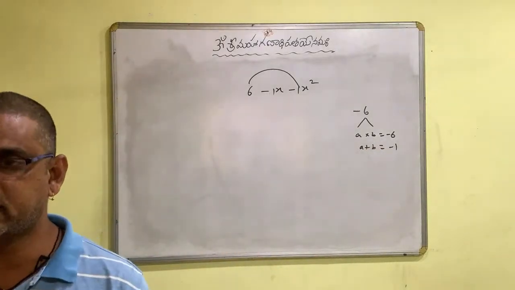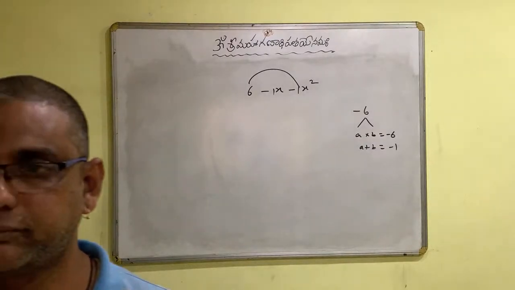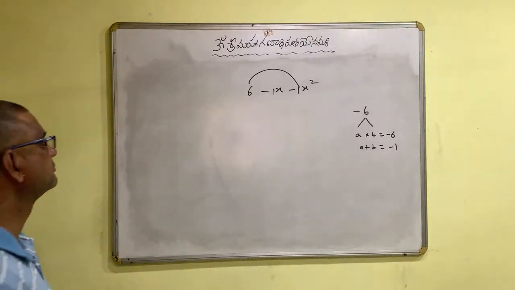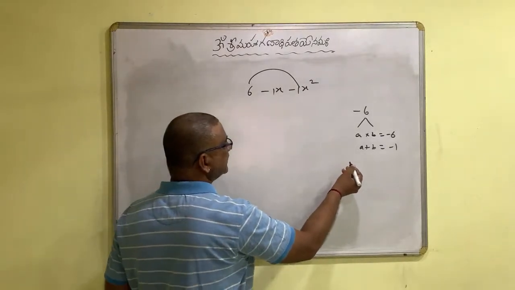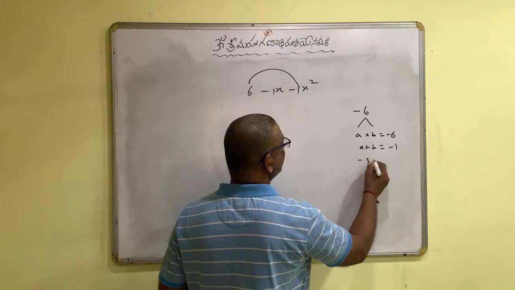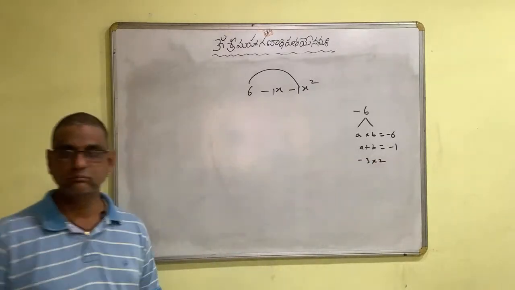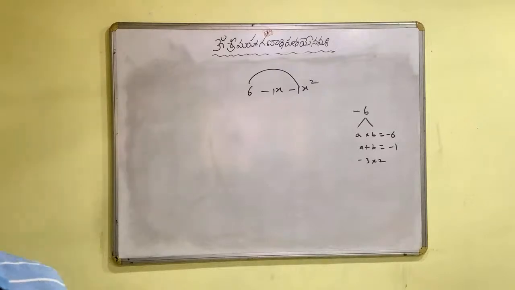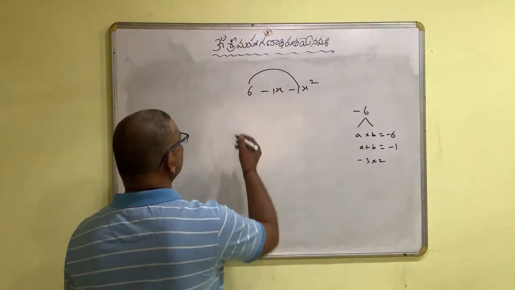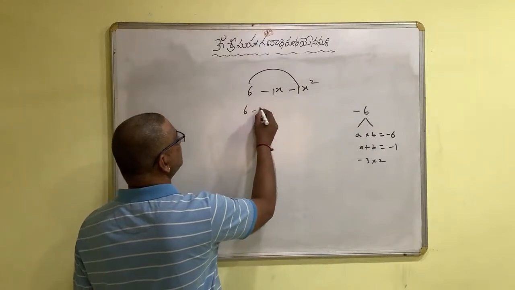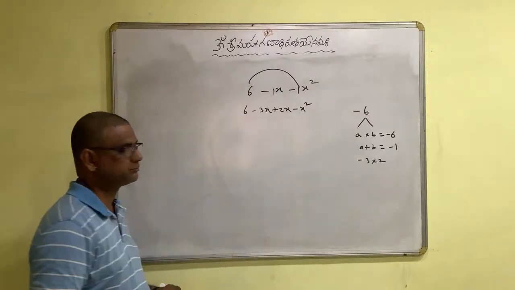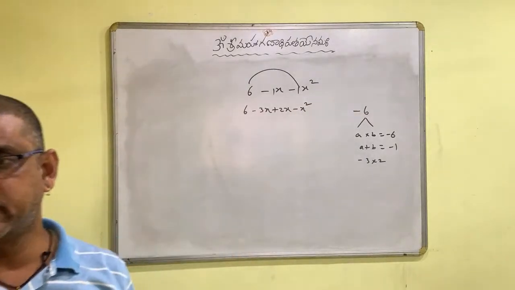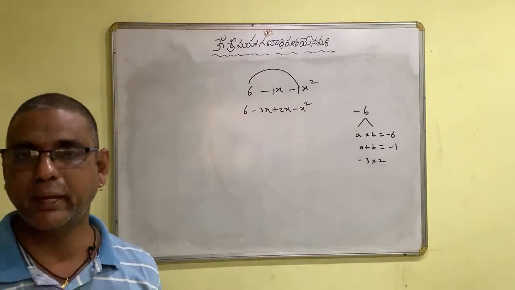I think it is negative 3 into 2. So we can write 6 minus 3x plus 2x minus x square. We can split like that.